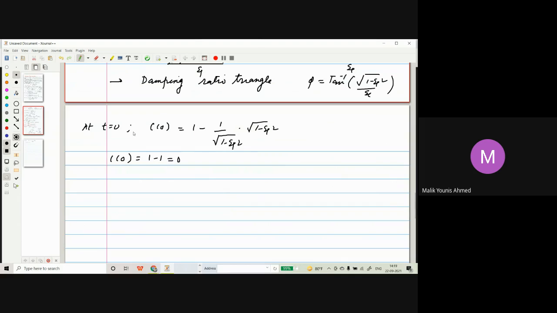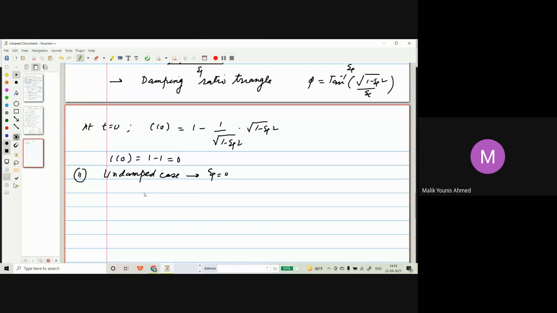Now the second case, we will talk about the undamped case. Undamped, what's happening? We know that xi is equivalent to 0.